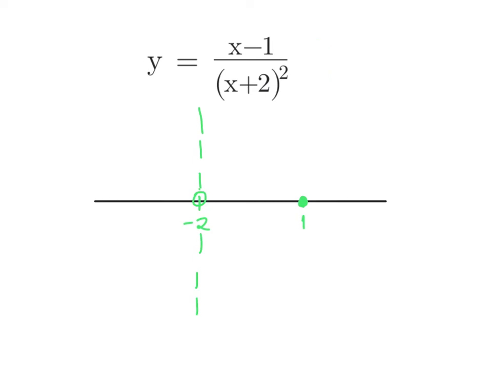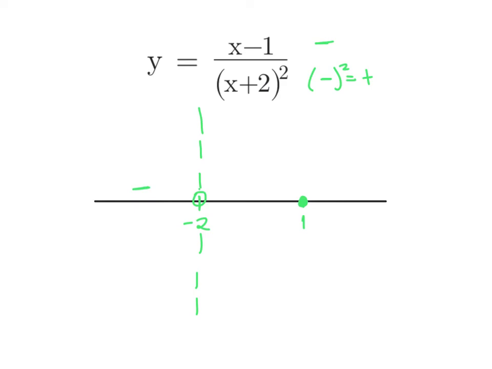Now, as we come up with our sign chart, we're going to pick a number that's extraordinarily negative, -1 billion. -1 billion minus 1 is negative. And then -1 billion plus 2 is negative, but we're going to square that. So we see that our denominator will always be positive. Negative over positive is negative.